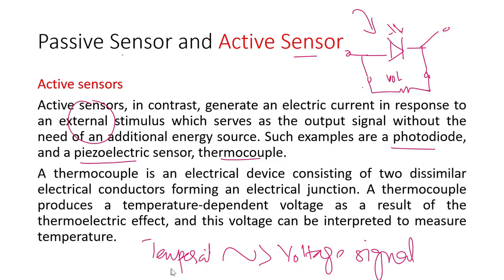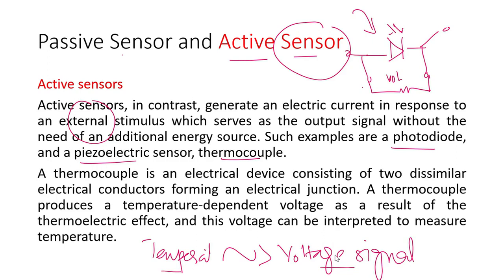Now this thermocouple's data can be amplified for a higher resolution. That amplification makes it a sensor, but it is an active sensor because it is using the signal of its input and converting it to voltage. It is not using any external source for excitation, but rather we are applying amplification to the signal, not to the device.